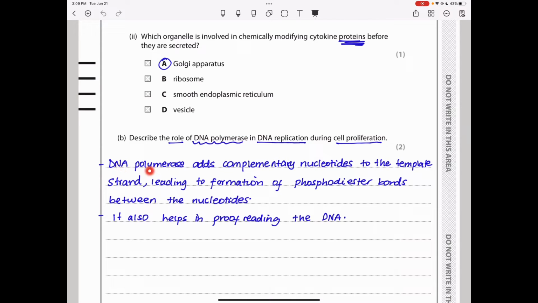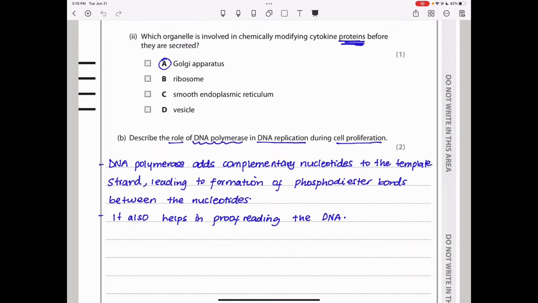So I say DNA polymerase adds complementary nucleotides. Complementary nucleotides means there is already a strand and it's adding nucleotides that are complementary to the nucleotides on the other strand. So that strand is going to be the template strand, leading to the formation of phosphodiester bonds. Phosphodiester bonds are formed between different nucleotides that are on the same strand of DNA.